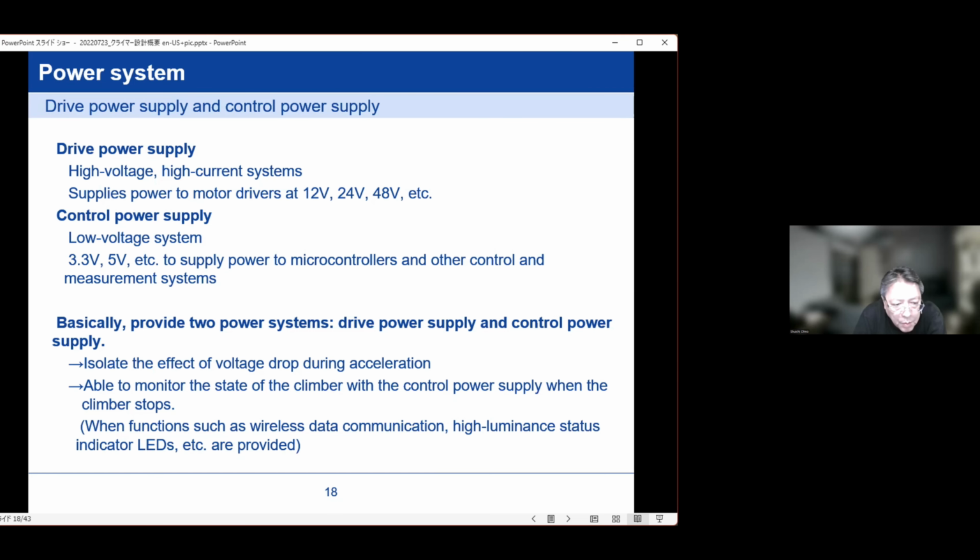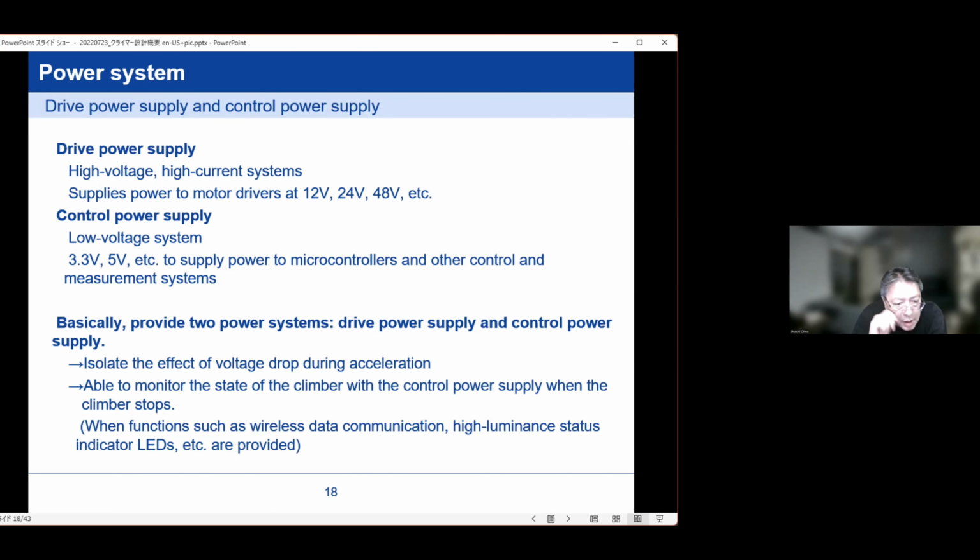The other power supply is low voltage, such as 3.3 volt or 5 volt, which is used to supply power to the machine control system and the sensor system. So basically, there are two power supplies, one for driving and one for controlling, and that's the basic configuration.